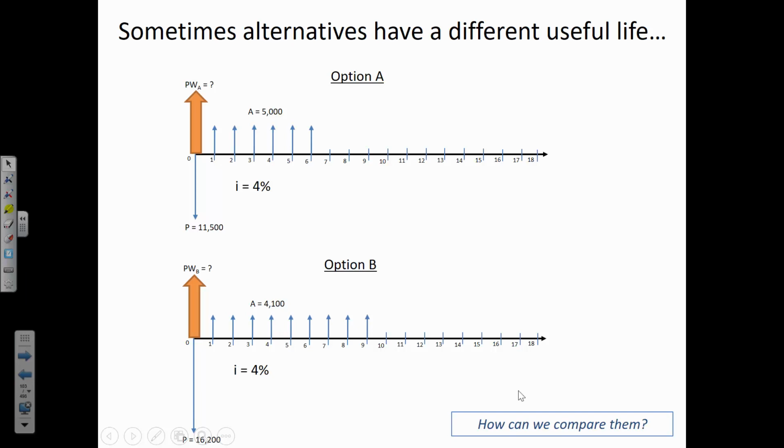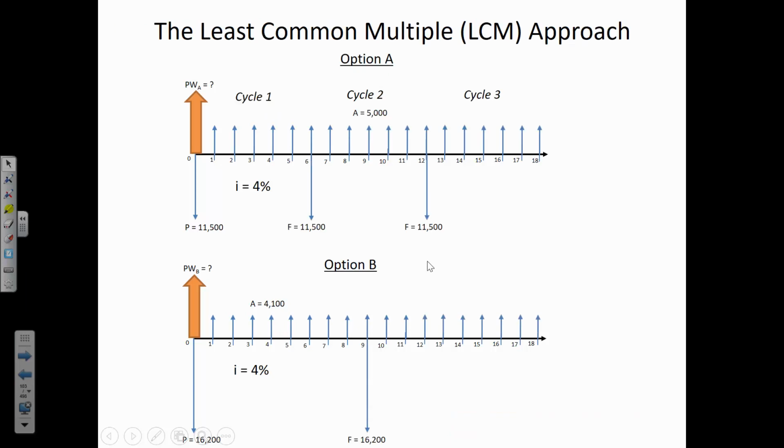So the way that we can compare these 2 options, if we have to make them last the same overall time, is to simply repeat them in cycles. And so option A was shorter. So what we do is we buy the thing in year 0, and we let it run its course. We get 6 years of revenue from option A, but then we have to buy it again at year 6.